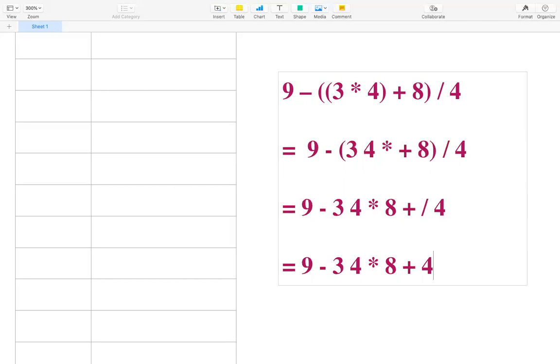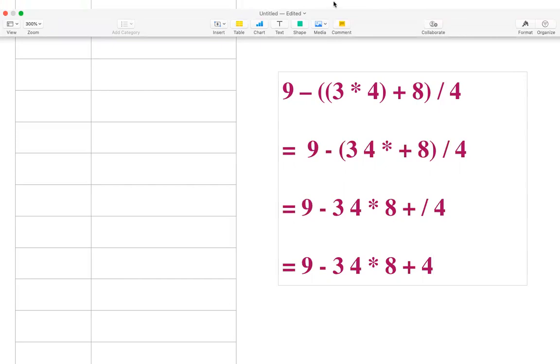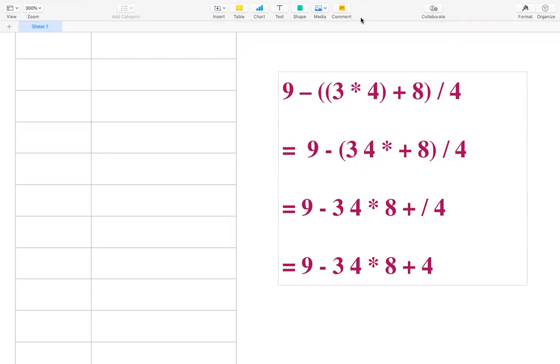So it is between this 3 4 star 8 plus and the 4. So these are the two parts. For the division operator, one operand is this and the other is this. So I will here put the division after 4 and then the minus.